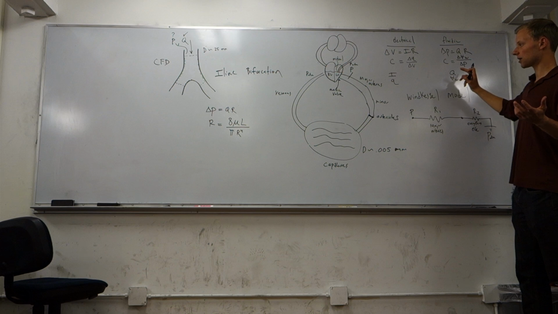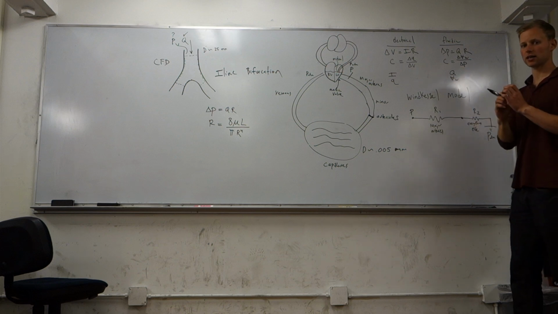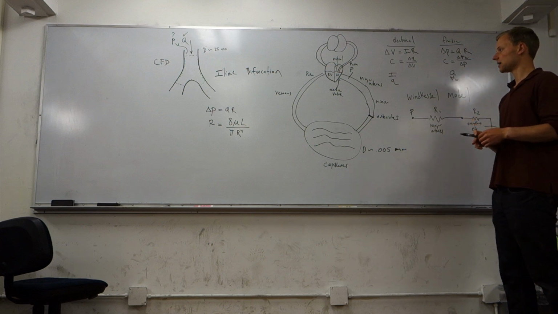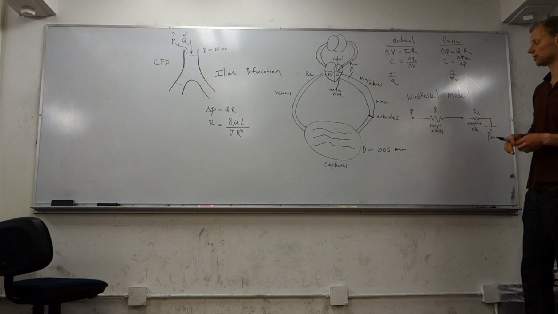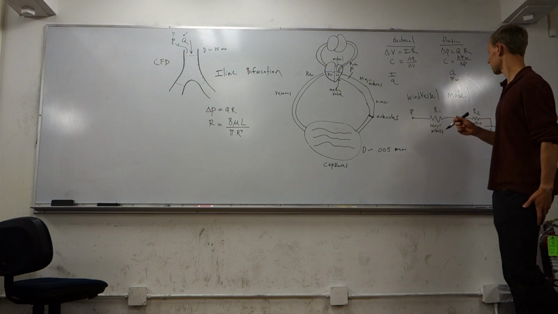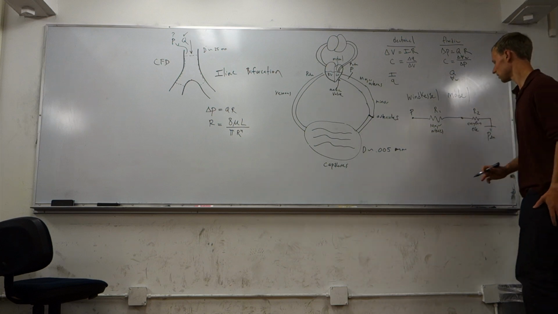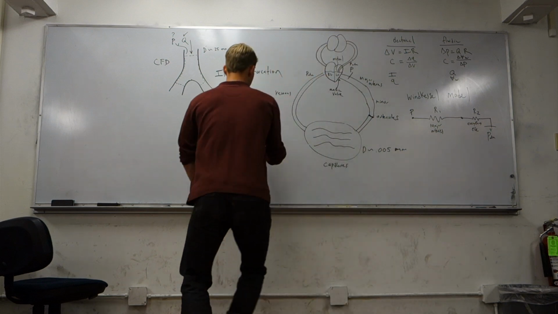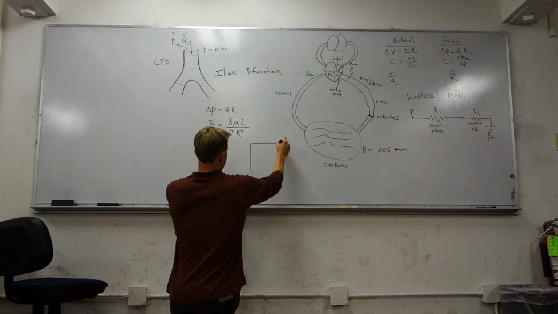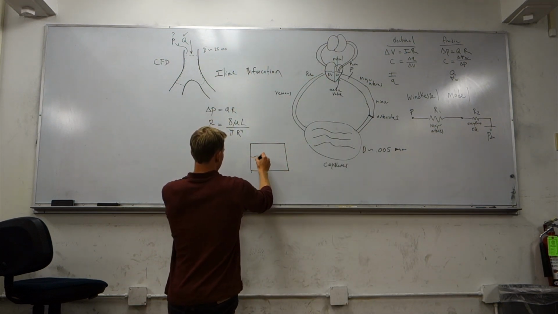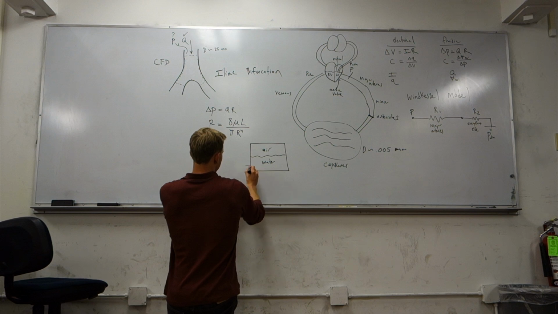We're not going to model the capacitive effect using an elastic tube just because that's difficult. Instead, we're going to model the capacitive effect just using a box. So our capacitor, as we've seen in the pre-lab, consists of a region of water and a region of air, and there's going to be an inlet and an exit.